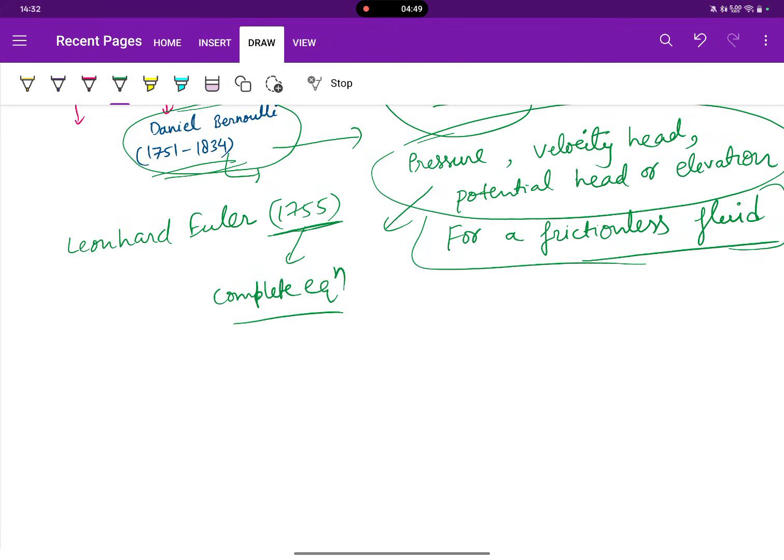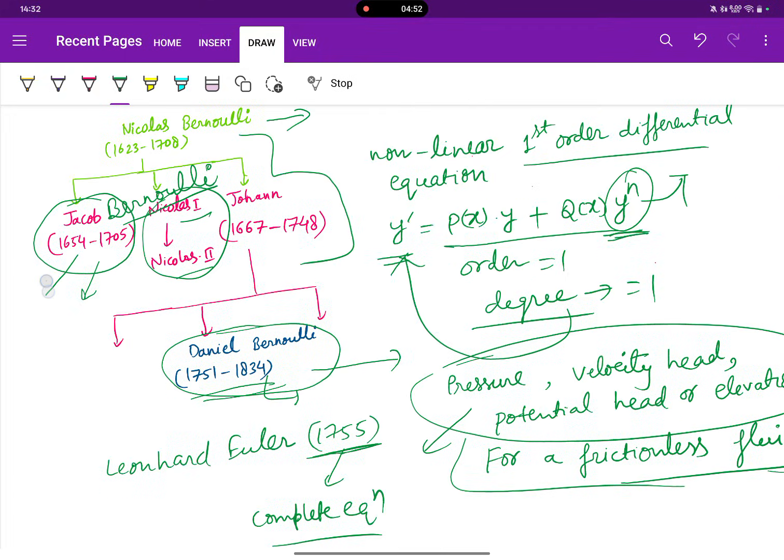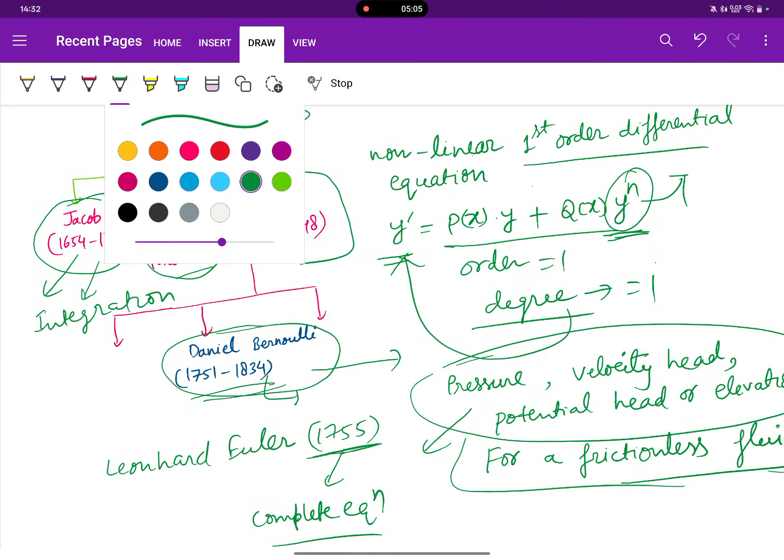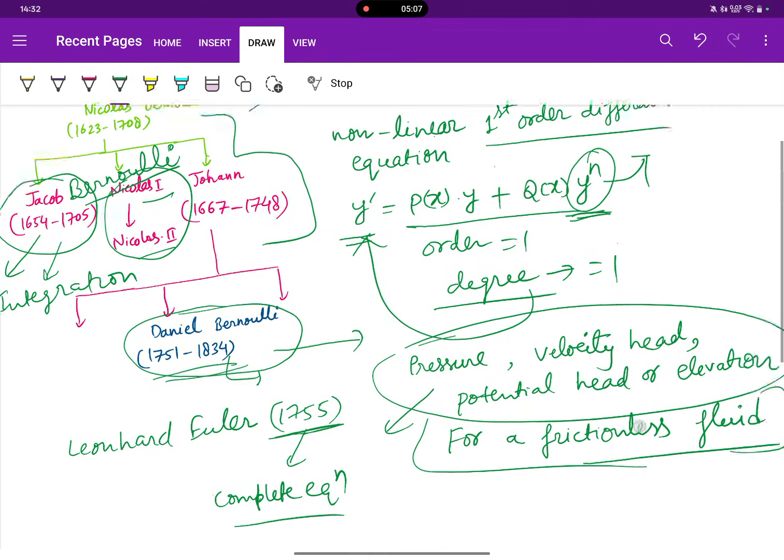I recall one more thing. This Jacob, in his book or notes somewhere, used the word integration for the first time and its meaning. So integral came from his realm.